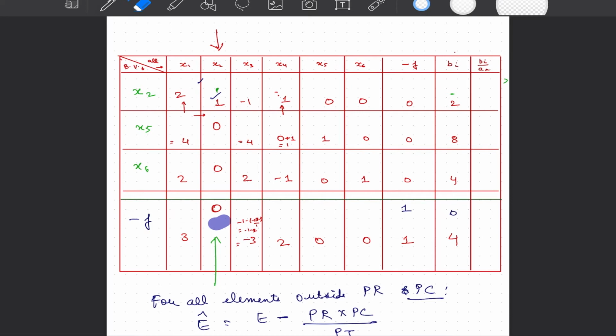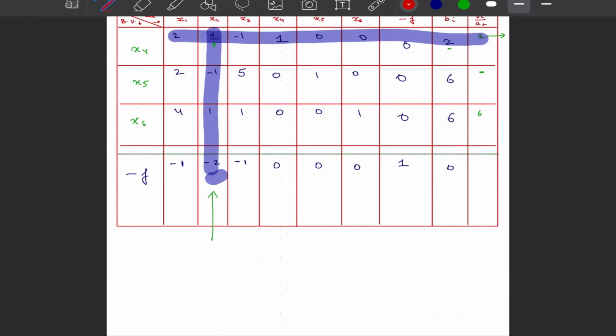So if you see, the beauty of always working in canonical form is that whatever variable we have here and whatever value you see here, that is going to be the solution directly. So you see here in this case our x2 is 2, x5 is 8, x6 equal to 4, and value of function is equal to -4. In the previous tableau, the value of the function was 0.